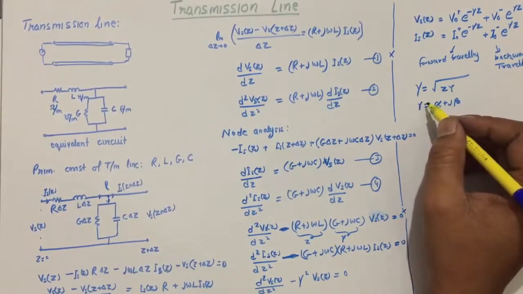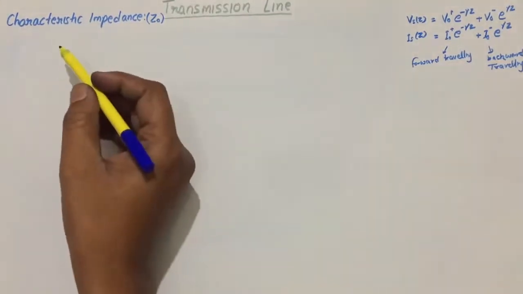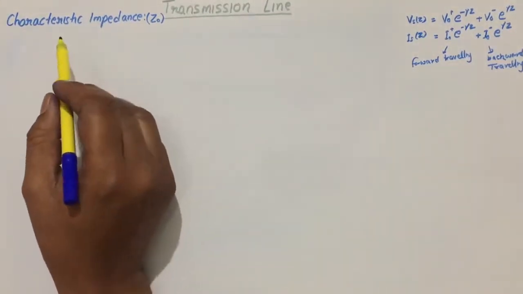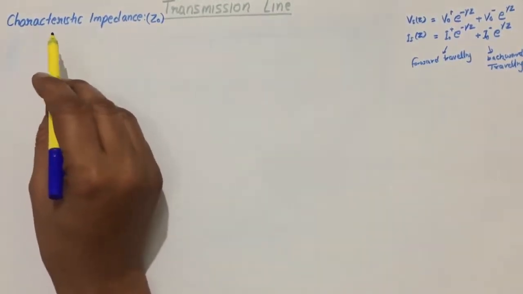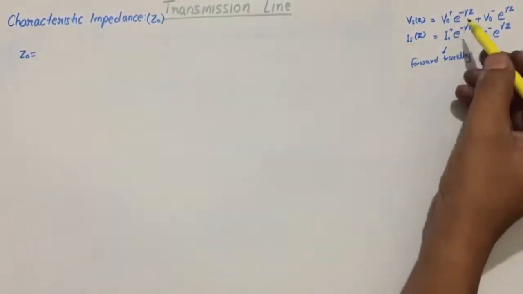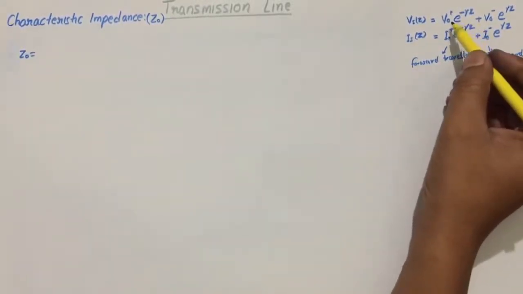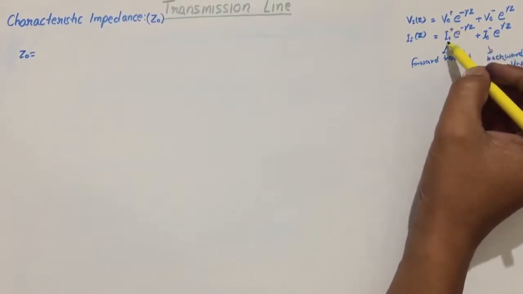line as well. In the case of the unguided wave propagation, we have discussed the intrinsic impedance. Here in the case of transmission line, we will discuss the characteristic impedance. It can be defined as the ratio of the forward traveling voltage wave to the forward traveling current wave.